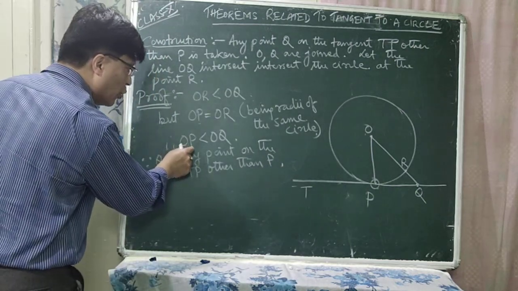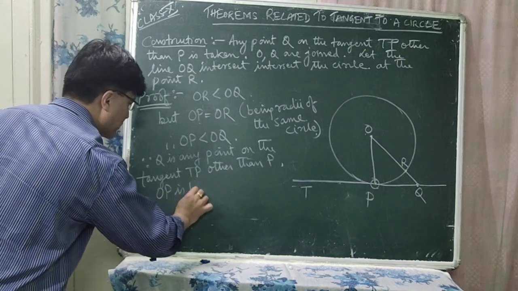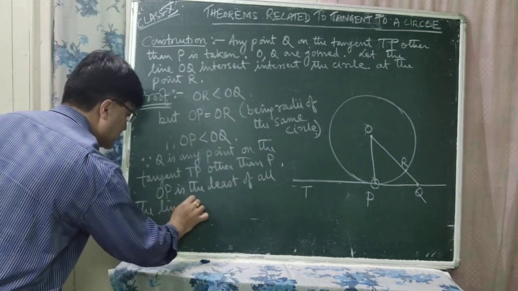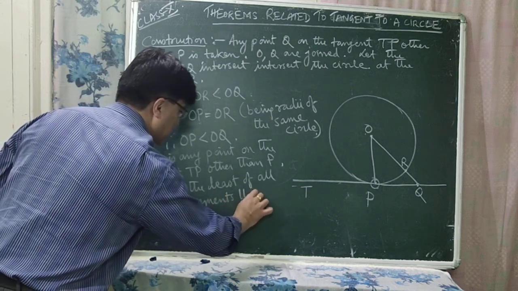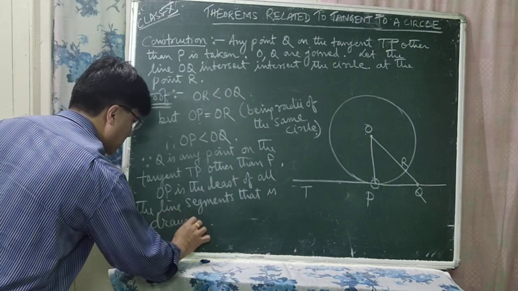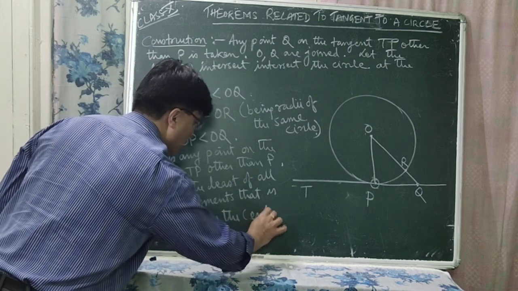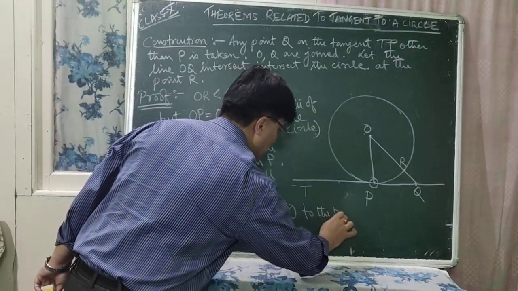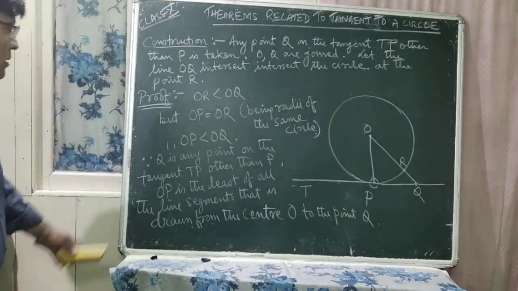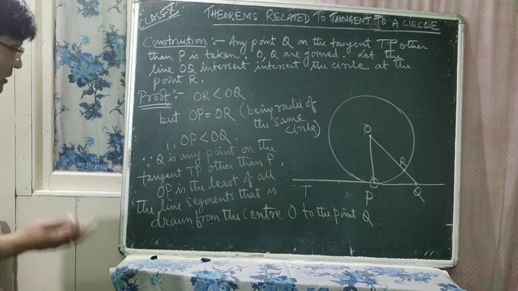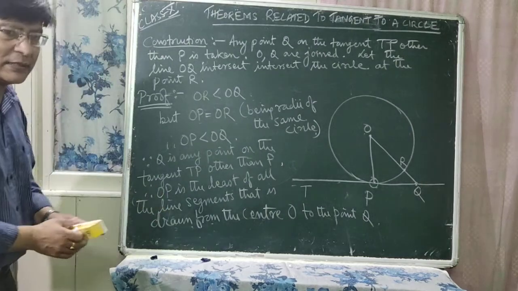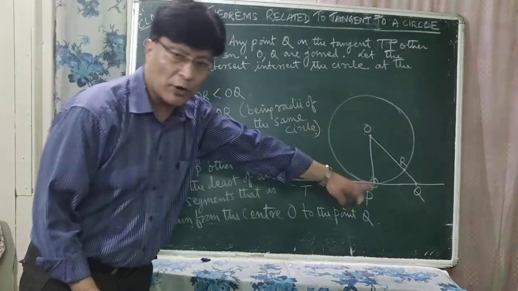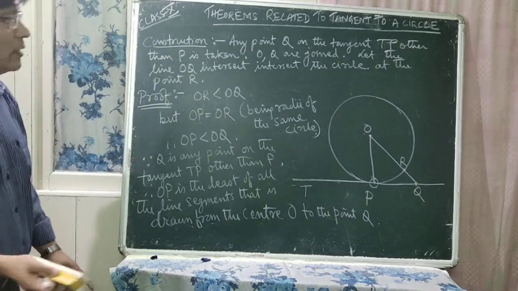from here OP is less than OQ, which means OP is the least of all the line segments that are drawn from the center O to the point Q. And you know that this least distance will be the perpendicular distance.